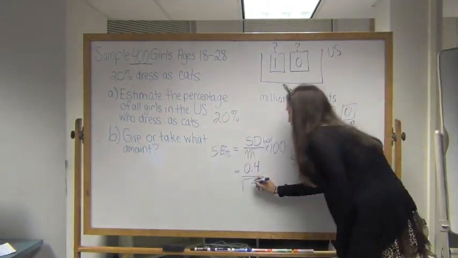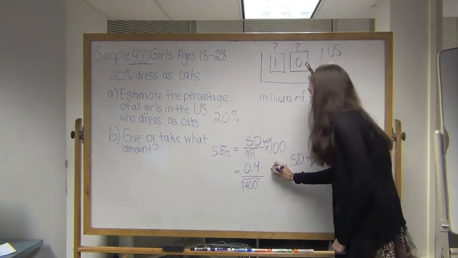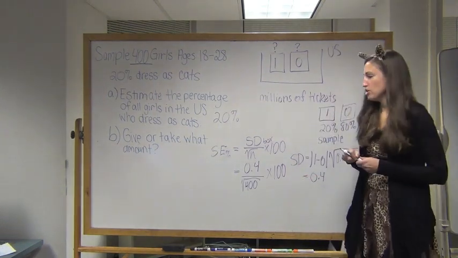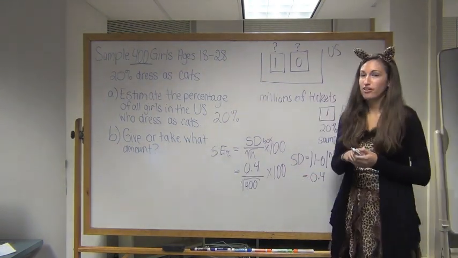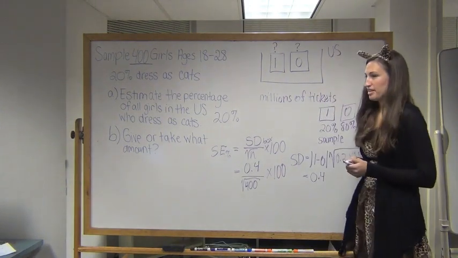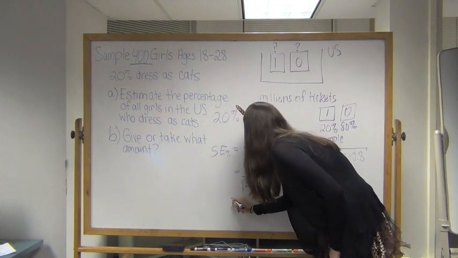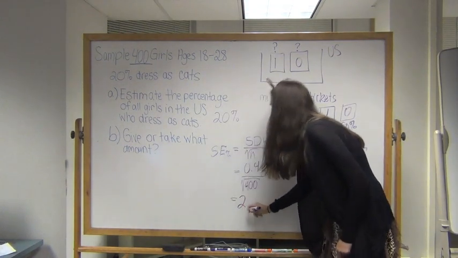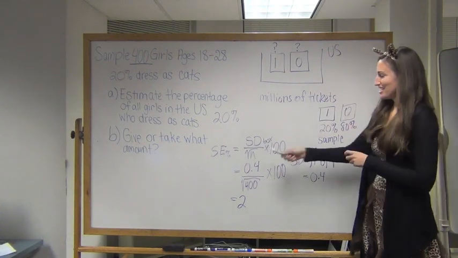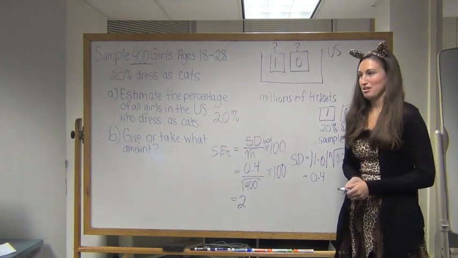We used 400 people in our sample survey, and then times 100. So for our standard error of the percent for the sample, what do we end up getting? 2. Yep. Well, that's a nice number. So we have estimated our standard error of the percent for the population from our sample.